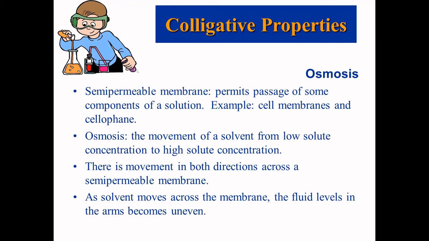As a solvent moves across the membrane, the fluid levels in the arms begin to be uneven. So if your solvent has moved from one part of, say, a separated container or tank to another, then expect that there will also be a difference in the fluid levels.